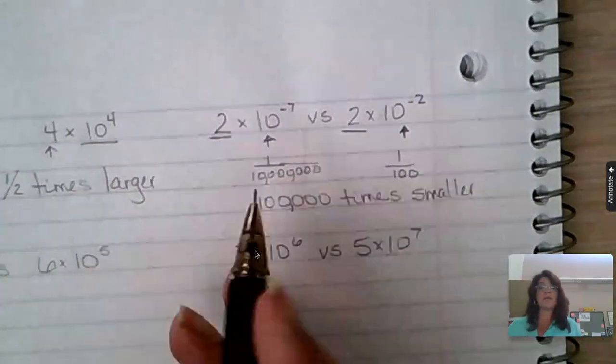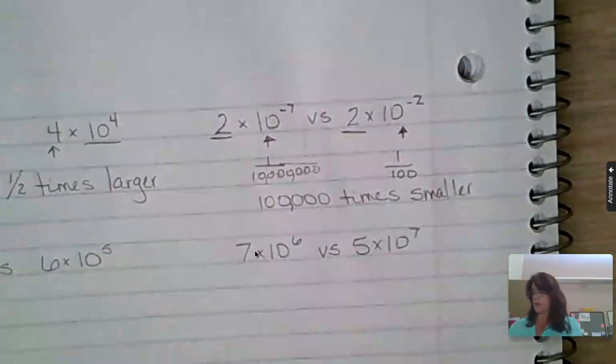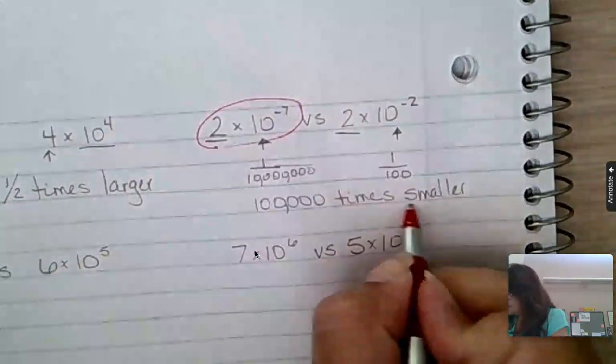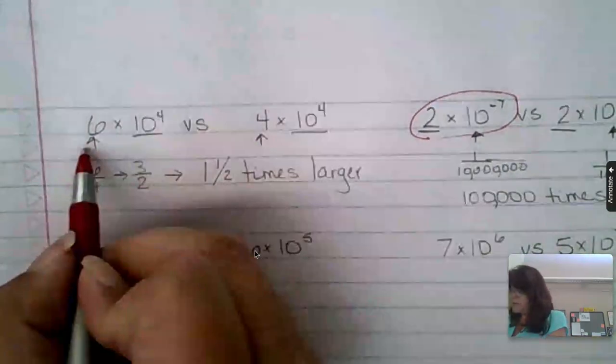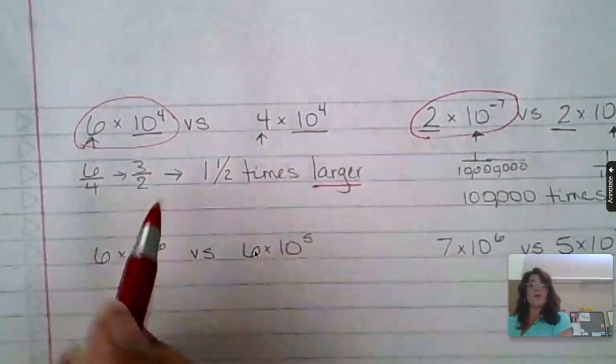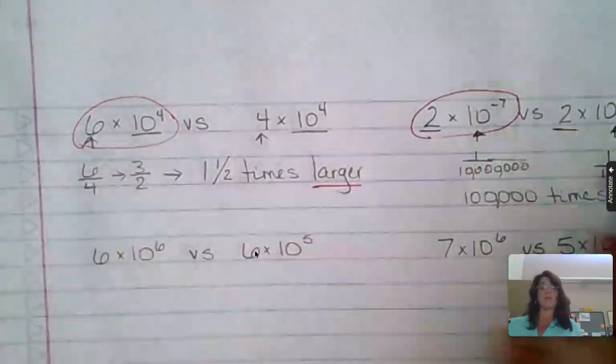And notice I'm basing it on the very first one. This one is smaller. This one is larger. So I'm reading the expression left to right.